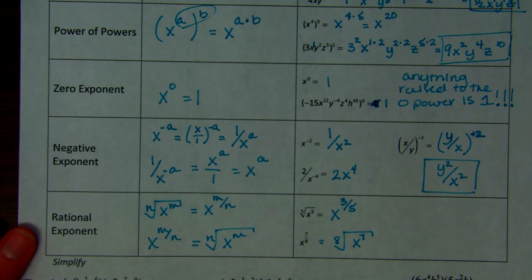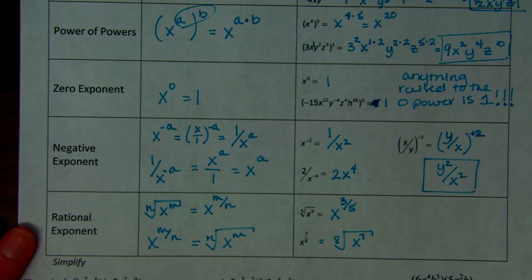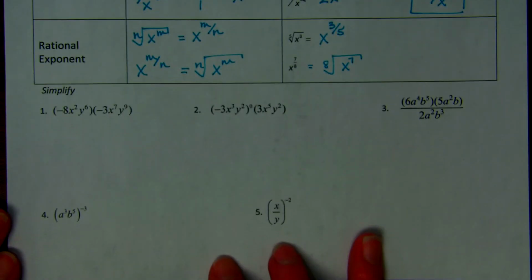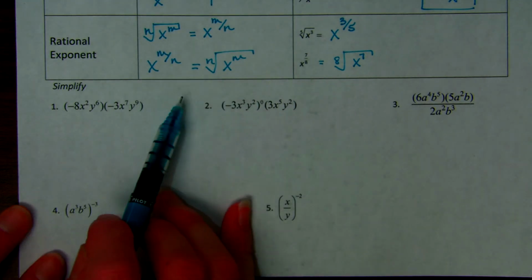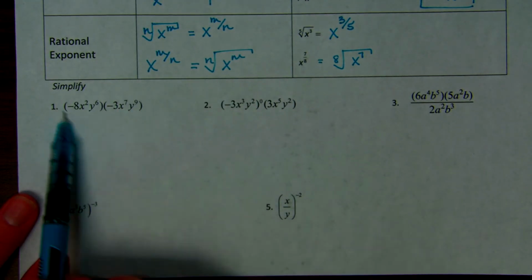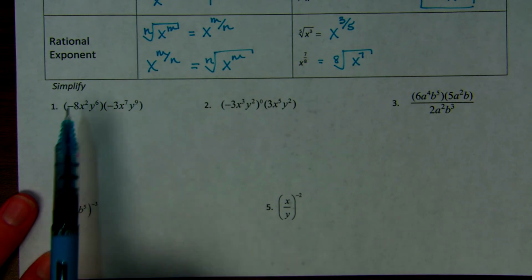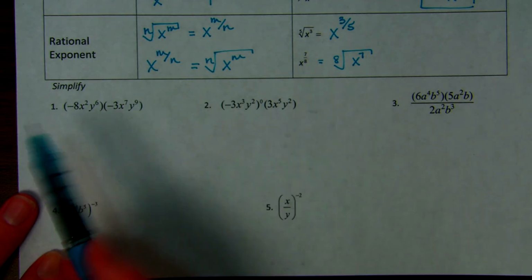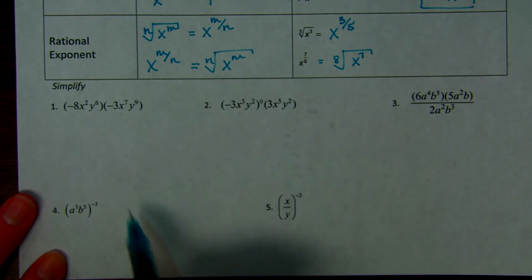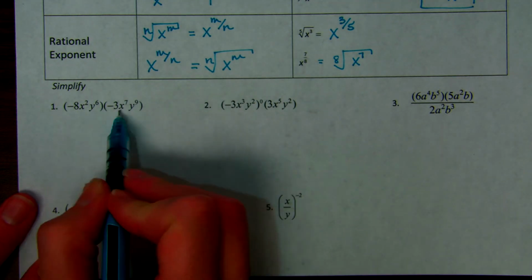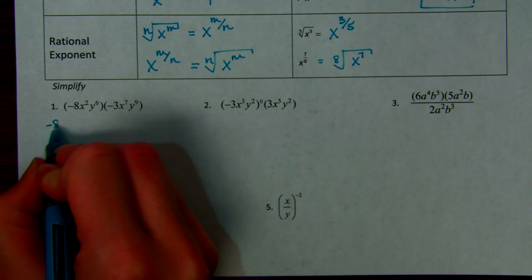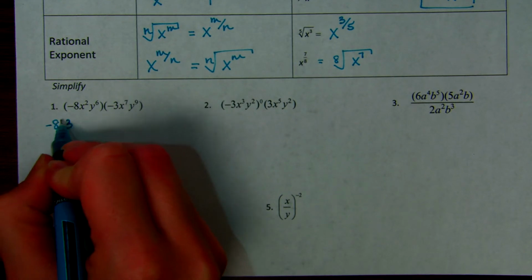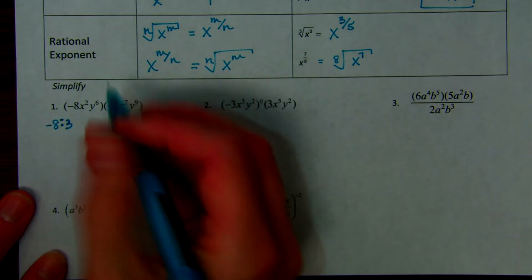All right, guys, let's look at some examples where we have combined things. So down here, this is multiplication. What complicates this a little bit is the negative numbers, but you shouldn't worry about them. Remember that you just group things together. So the -8 and the -3 go together. It's -8 times -3. Right, there's my negative.